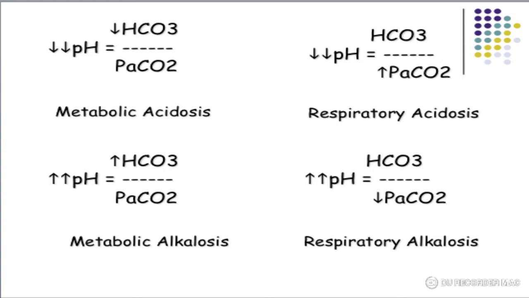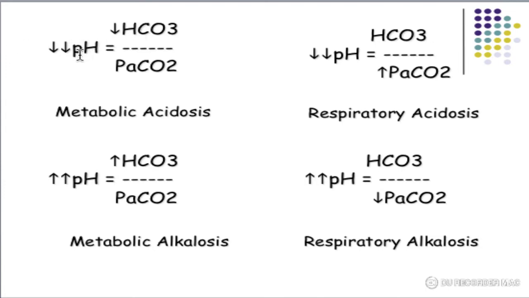So if there will be a pairing of arrows, these are the arrow pairings. So first you need to identify your pH. If the pH decreases, ano ang pair niya? So, if the pH decreases and your bicarbonate or HCO3 decreases, siya ang pair, no?